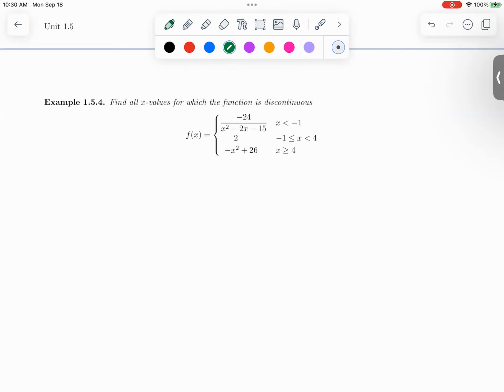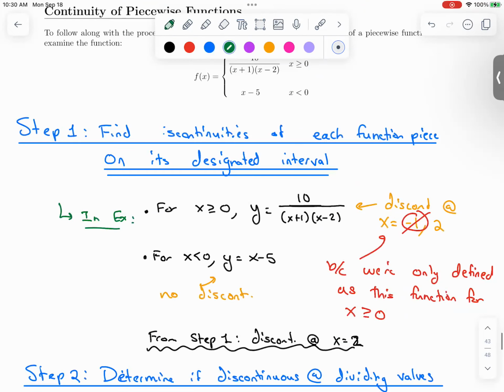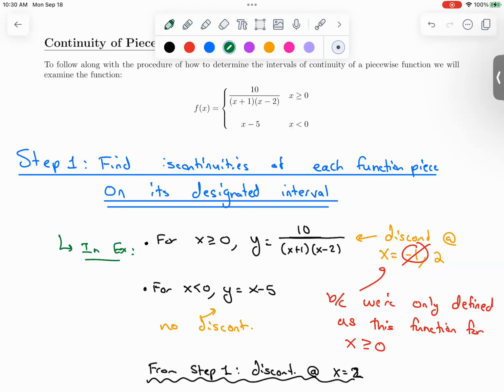I might just post a video of going through this one later on for you to watch. But this one has 3 dividing values, or sorry, no, 2. I can't count. What do you expect? I'm not a math major. There's 2 dividing values, but I digress. This one only has 1 dividing value, and that is 0.